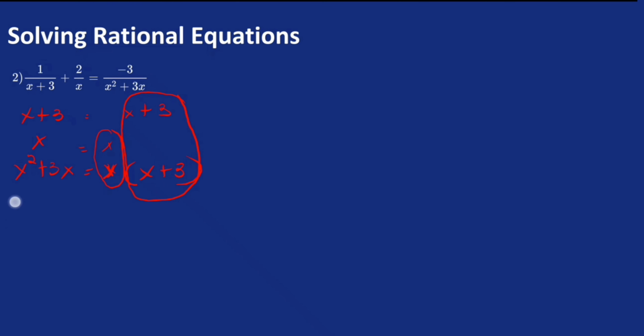And on our LCD, these common factors will just be represented as 1. So x times x plus 3 will be our LCD. And that will be used to eliminate your denominators.